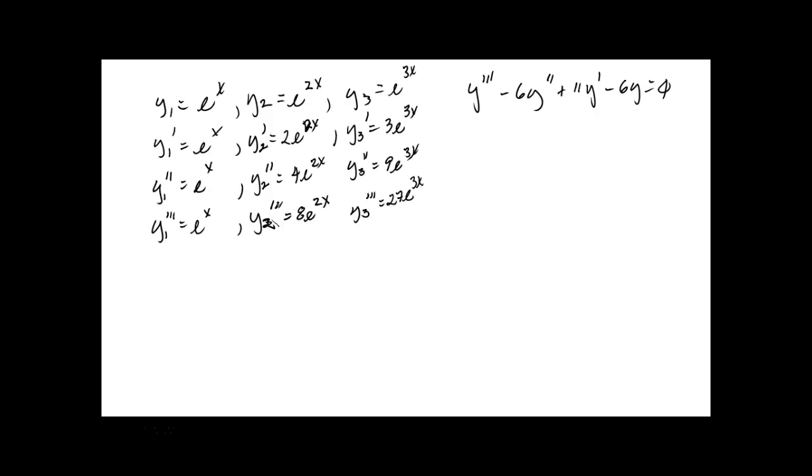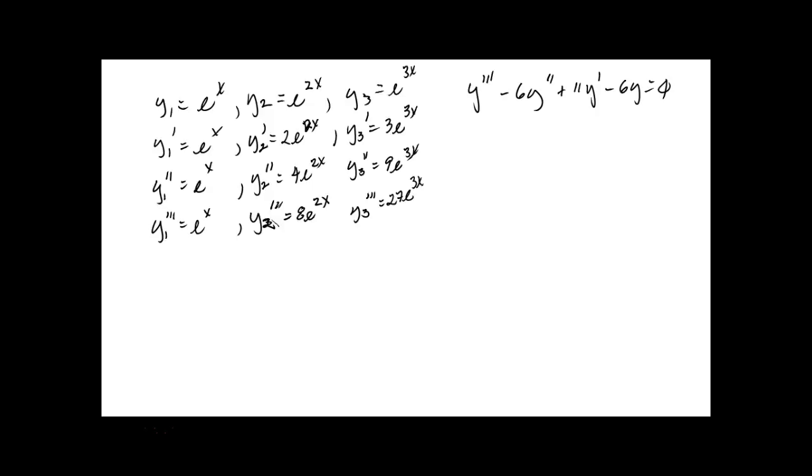So we have 1 e to the x minus 6 e to the x would be minus 5 e to the x, plus 11 e to the x would be positive 6 e to the x, minus 6 e to the x would be 0. Yeah, that was 0.